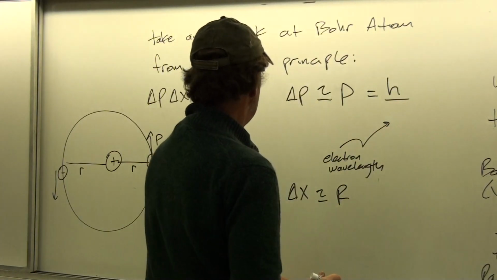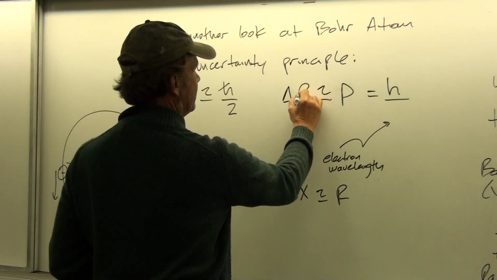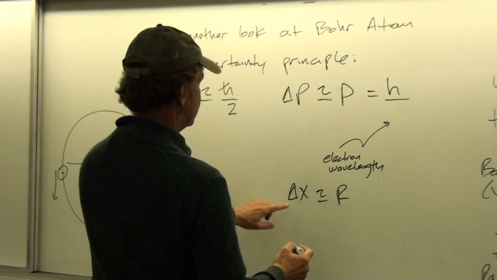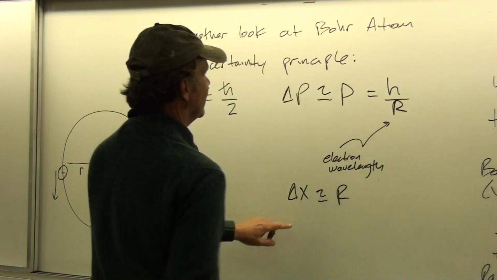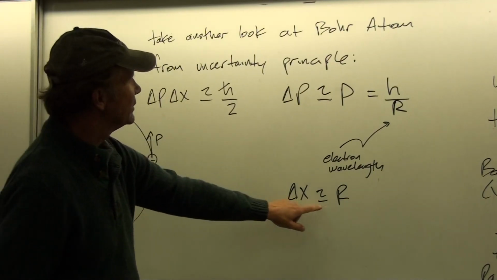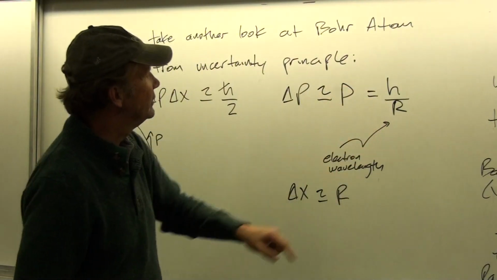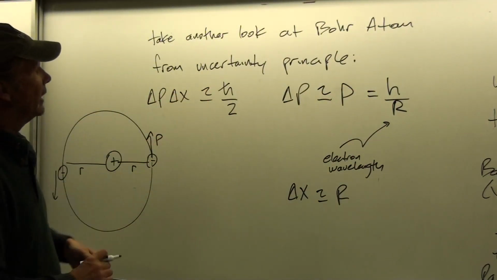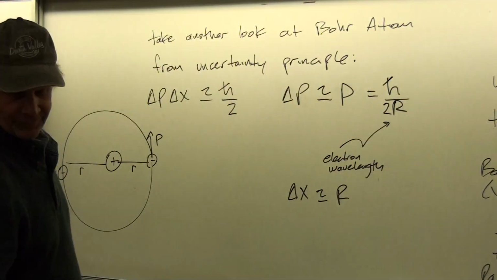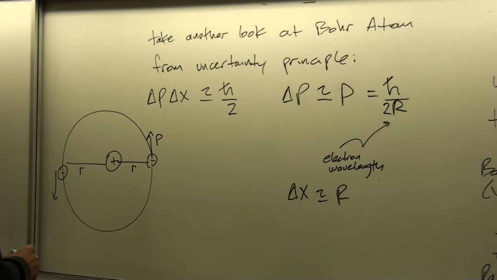Think of this as our uncertainty in momentum, and the delta x in this expression is approximately equal to r. So delta p is approximately equal to p, which is equal to h bar over 2 delta r.